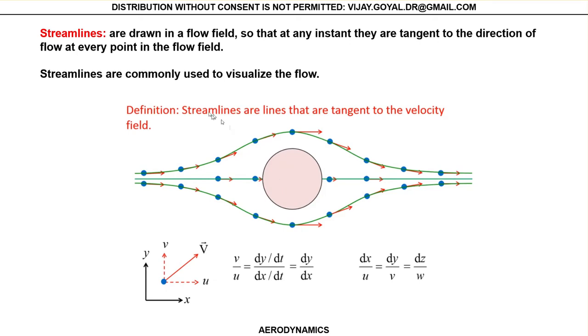So basically, the streamlines help me to understand how the flow is around an object, but it also tells me the velocity gradient involved with that.